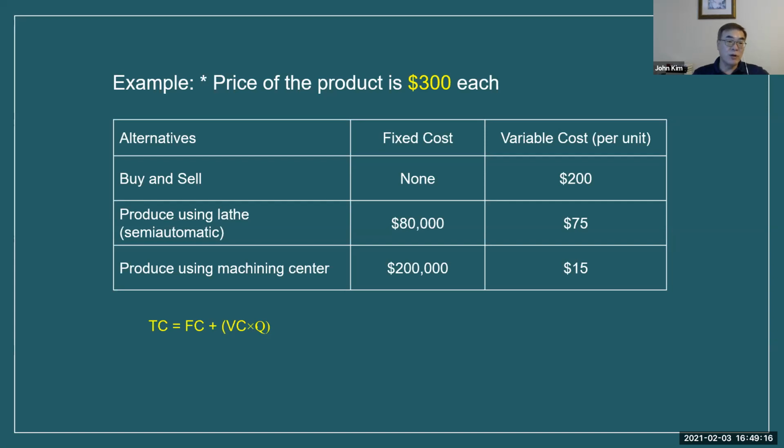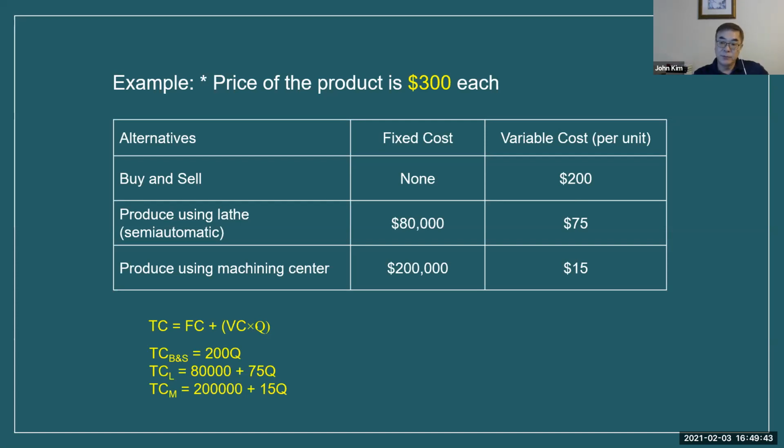Total cost equals fixed cost plus variable cost times how many? Q. So first option, buy and sell: there is no fixed cost, just the variable cost.